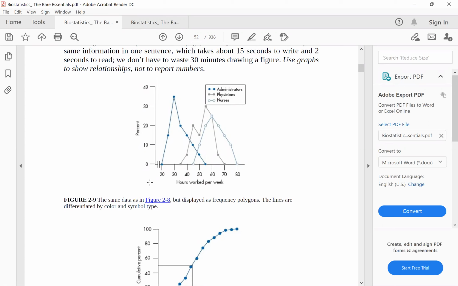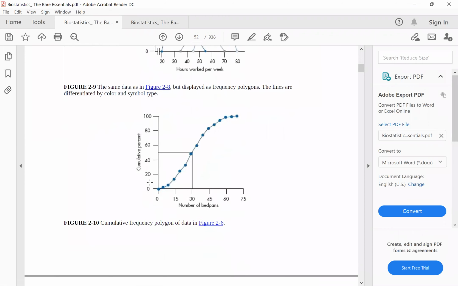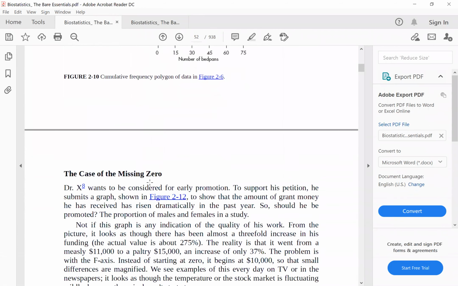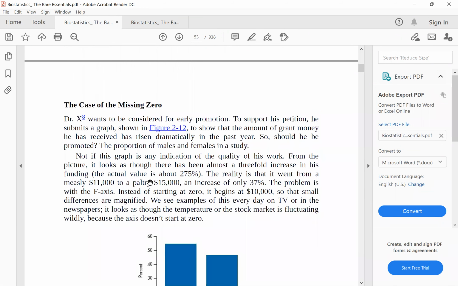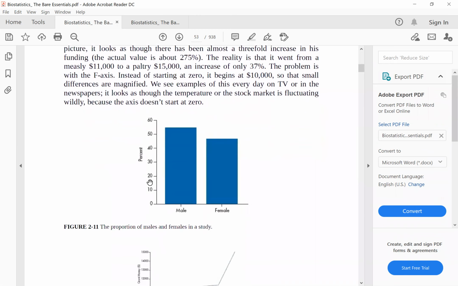The lines are differentiated by color and symbol type. This is a cumulative frequency polygon. The case of missing 0.